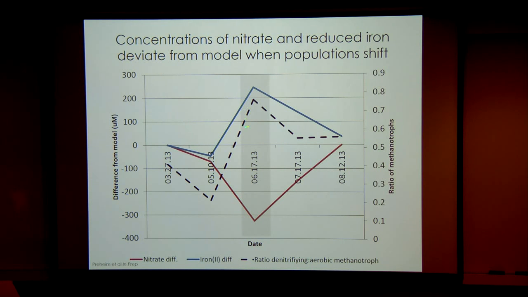The anaerobic methane oxidizer spikes around June, where we see a dip in the difference between the nitrate from the model and our observations. Additionally, we see a spike in the reduced iron that we observe, and the difference between that and what we expect from the model at these time points.